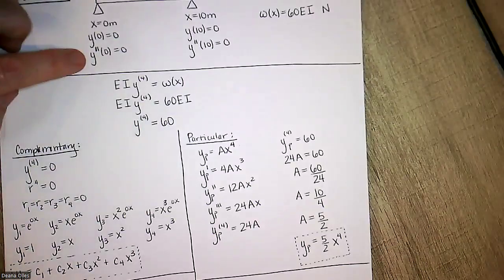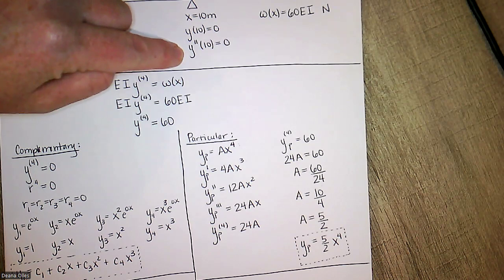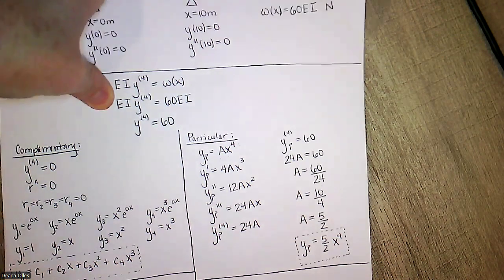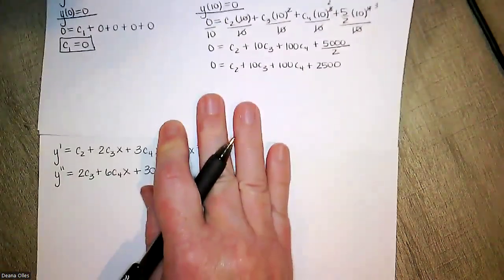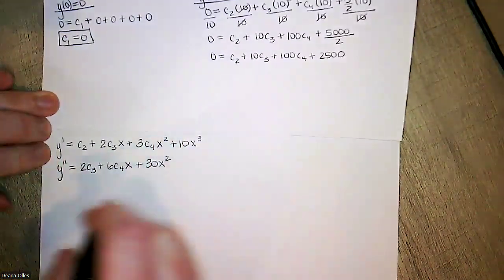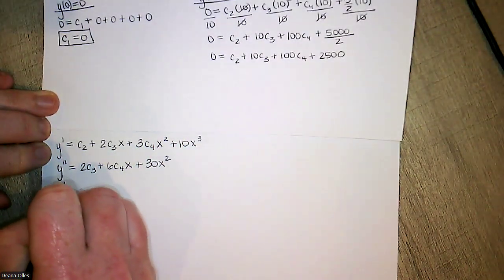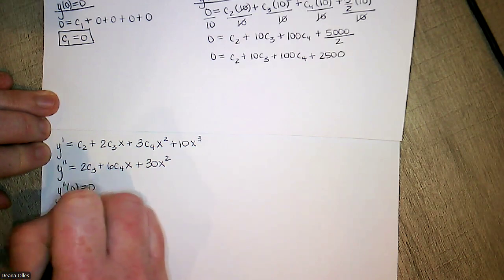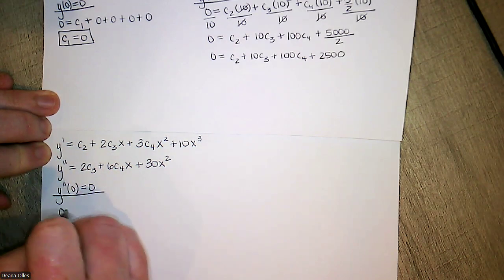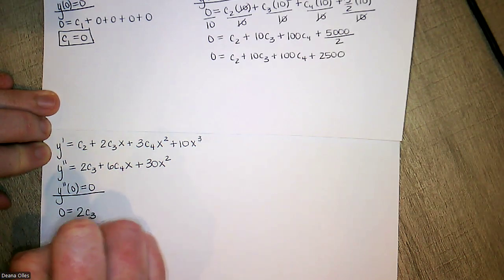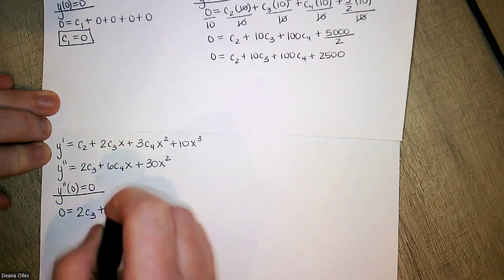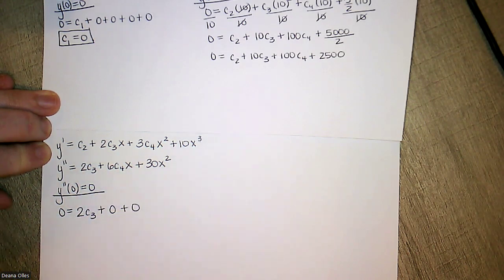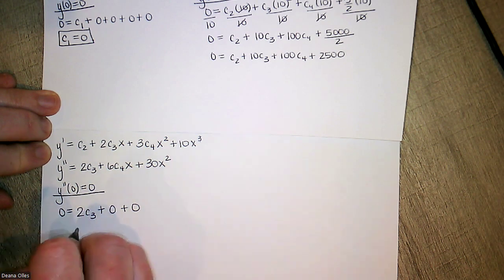All right, I'm going to go ahead and remind you, we have y double prime of 0 is 0. Y double prime of 10 is 0. So we're going to see what that gives us. Okay. So y double prime of 0 equals 0. Let's see what that does. 0 equals 2c3 plus, now these 2 terms will both be 0, which then gives us that c3 is 0.